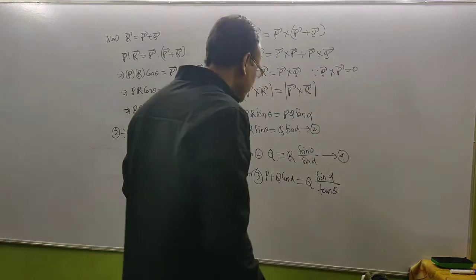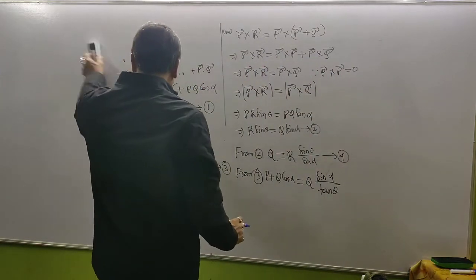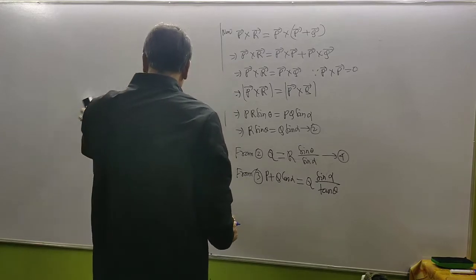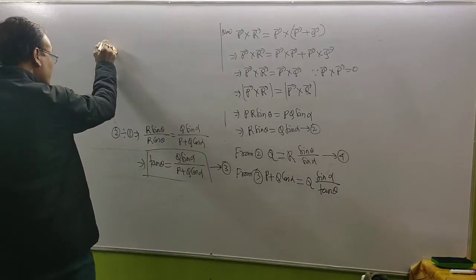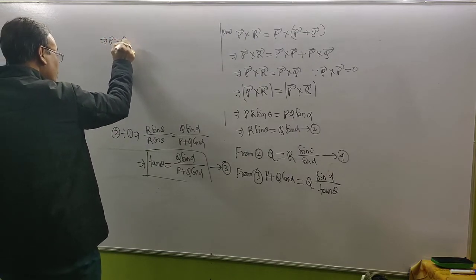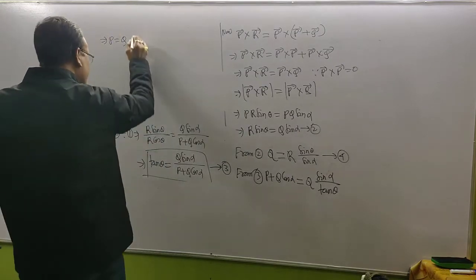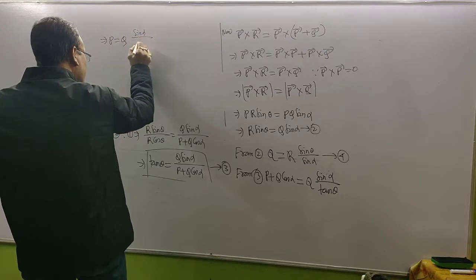You may write sin alpha divided by tan theta. Or P equal to Q sin alpha by tan theta. Tan theta means sin theta by cos theta.